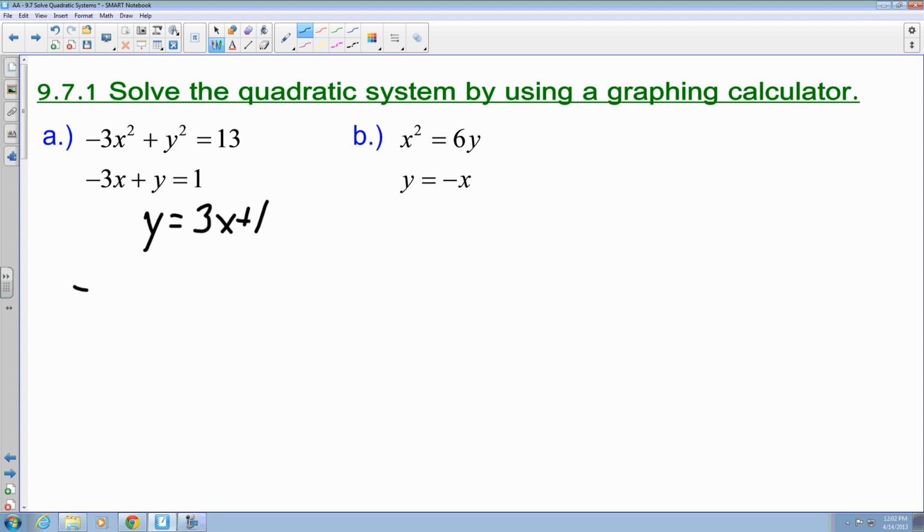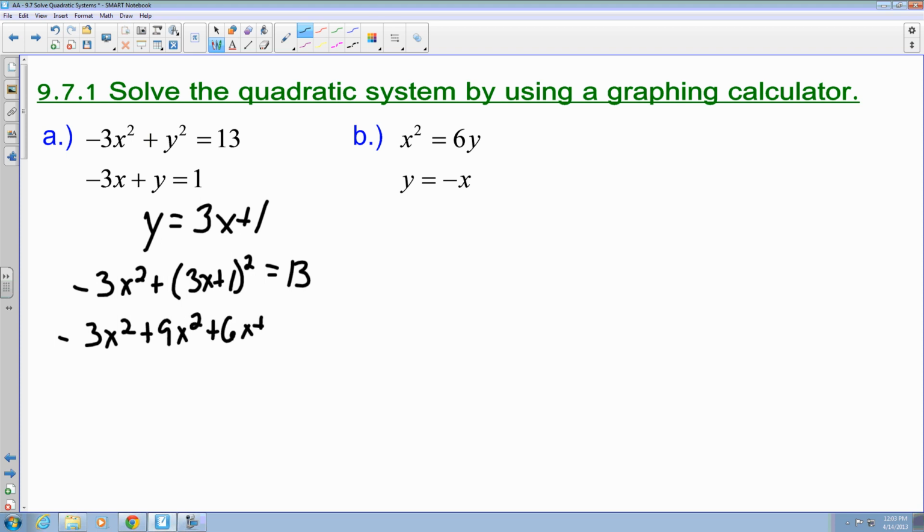So I get negative 3x squared plus the quantity 3x plus 1 squared equals 13. Then I'm going to FOIL this out. So I get negative 3x squared plus 9x squared plus 6x plus 1 equals 13. Now I need to combine like terms and set this equal to 0.